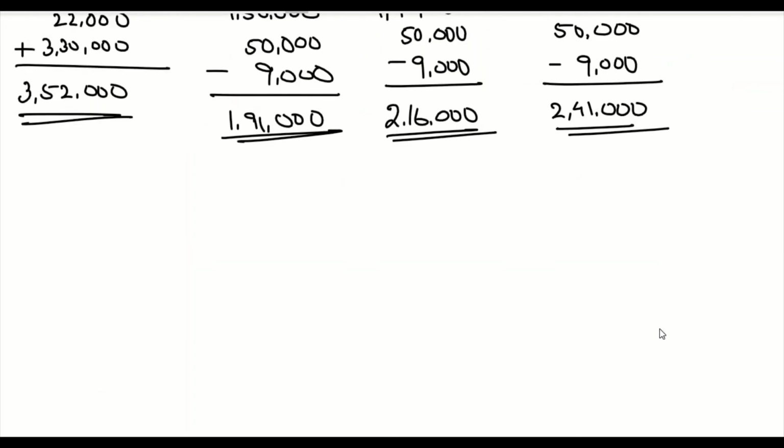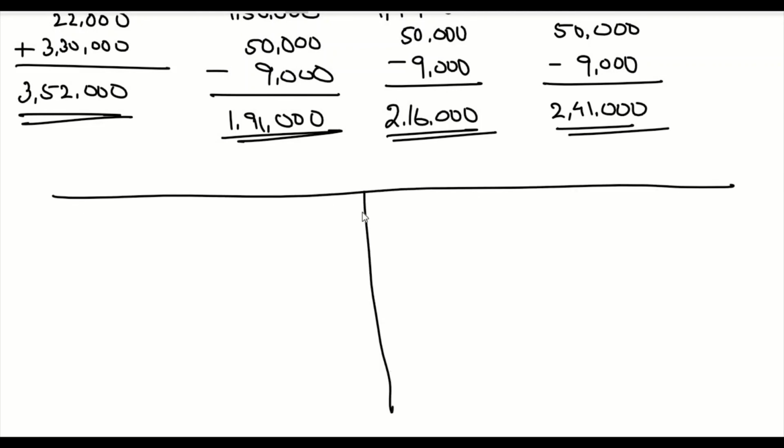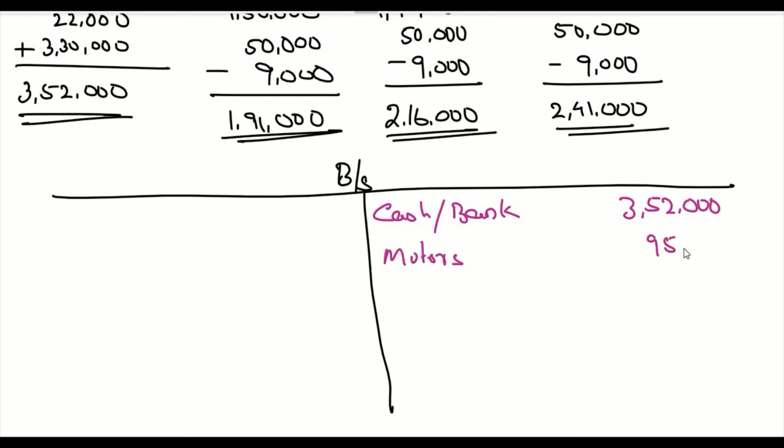Now let's prepare the new balance sheet. Okay, the cash balance we got, cash or bank, it's going to be 3,52,000. Then motors, there is an adjustment on motors, it's going to be 95,000.